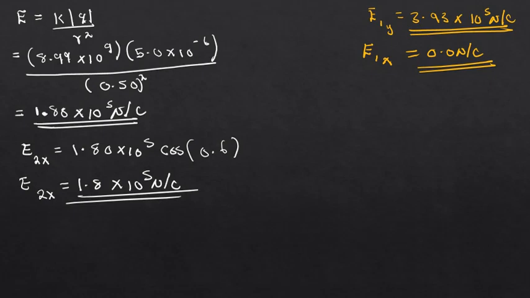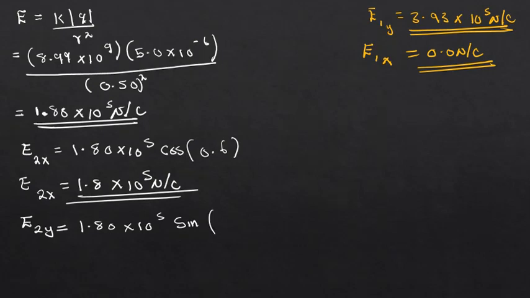Let's try to do E to Y. So E to Y is going to be that same number. This is 1.80 multiplied by 10 to the power 5. In the y it is sine.